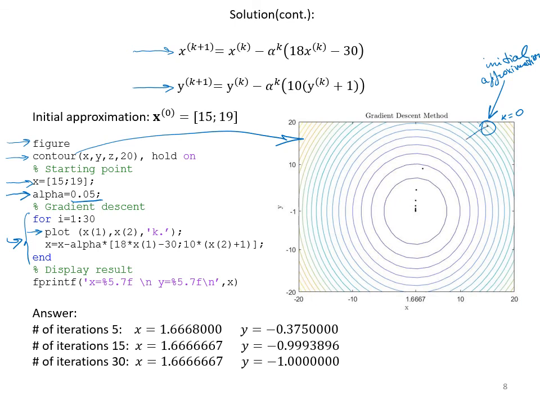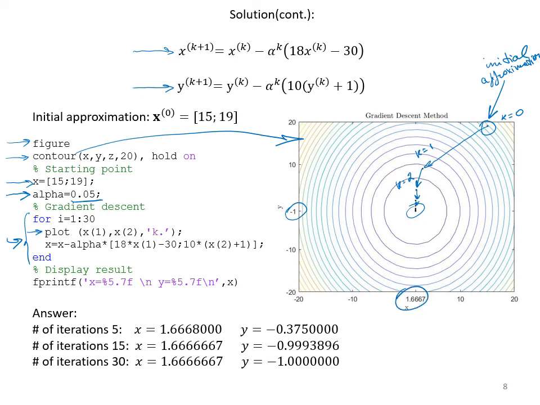Then at k equals 1, solution will be here, k equals 2 here, and so on. And as we can see, solution converges very fast to true solution.